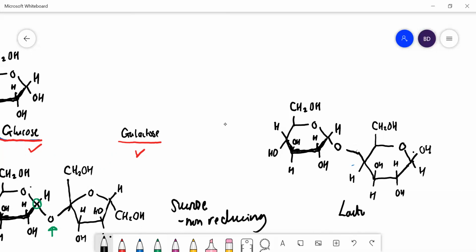You've probably heard of lactose intolerance. Lactose is present in milk, which mammals are really only supposed to eat when they're babies. So most mammals, when they're weaned, their gut stops producing the enzyme lactase, which digests lactose back into the two monosaccharides.